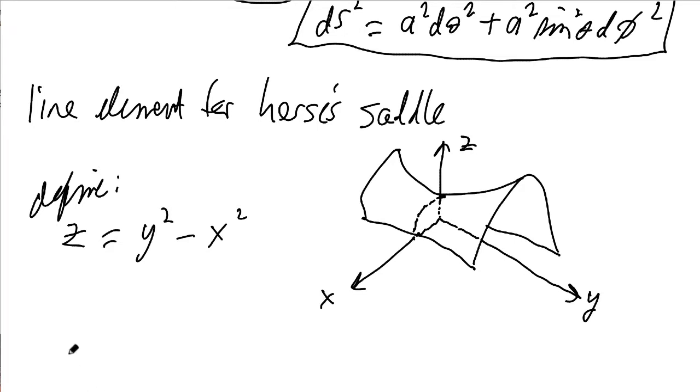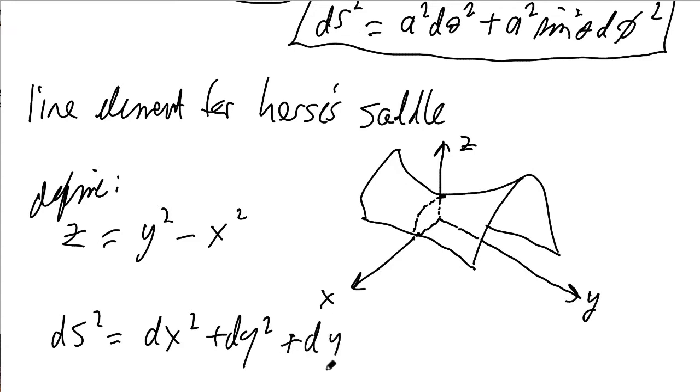All right, if we want to know now the line element for this horse's saddle, we can use the fact that we define this as a surface embedded in three-dimensional Euclidean space, and in three-dimensional Euclidean space with Cartesian coordinates x, y, z, the line element is dx squared plus dy squared plus dz squared.